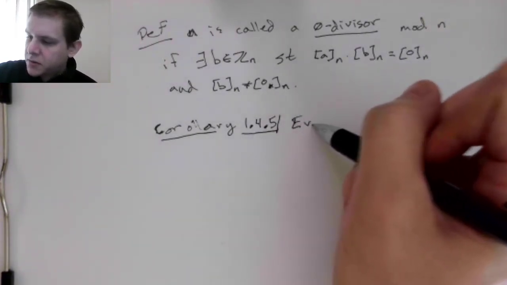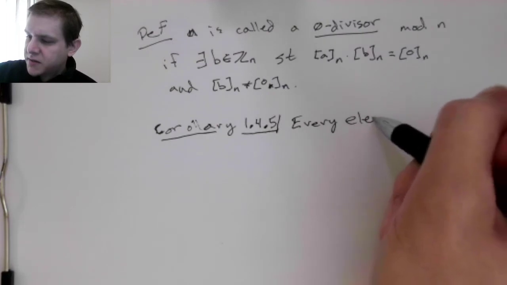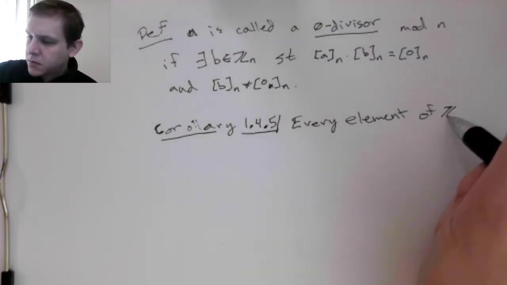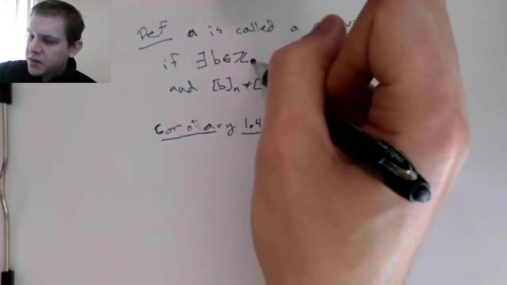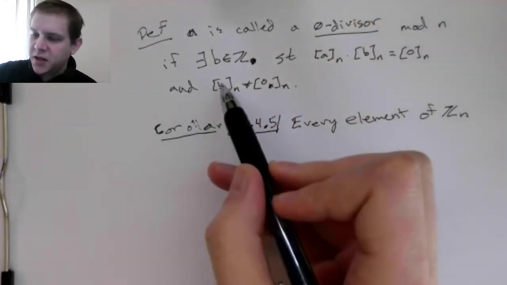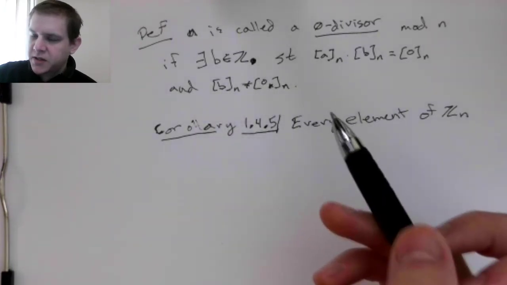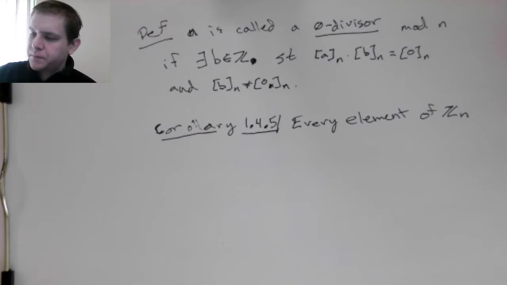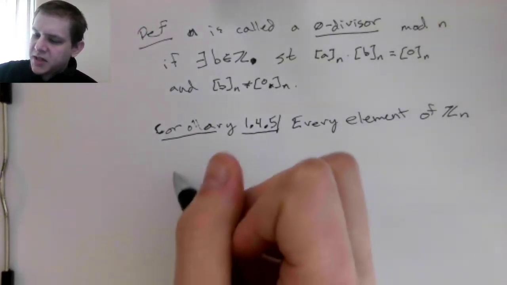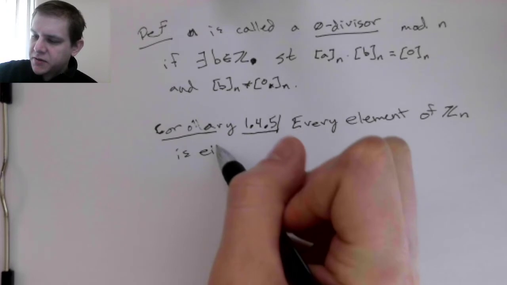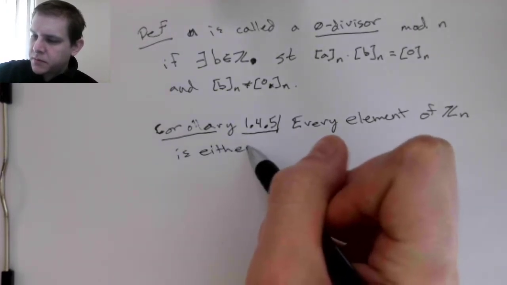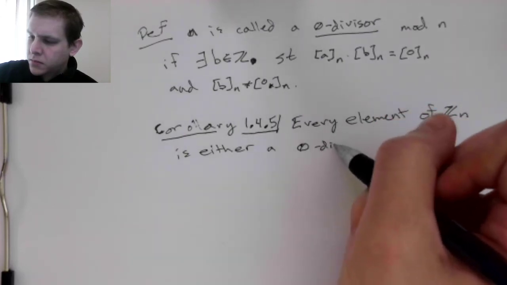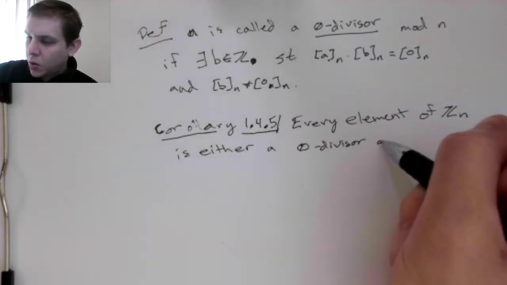So every element of Zn, remember elements of Zn are congruence classes. And here I should really say B is an element of Z, because I'm taking the congruence class of B. So that's not great, but this definition still works. So every element of Zn is either a zero divisor or invertible.